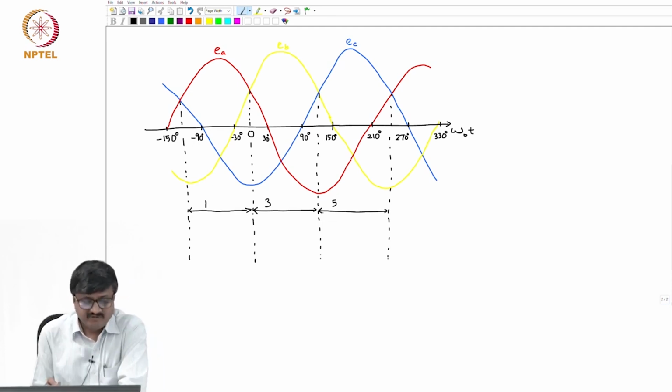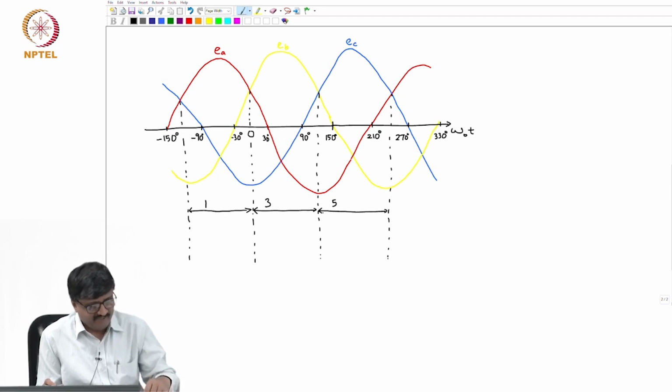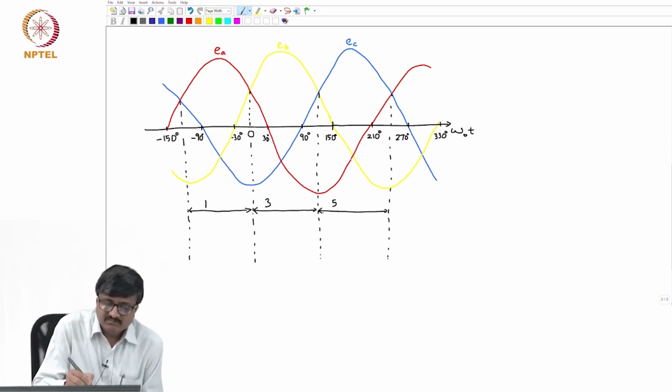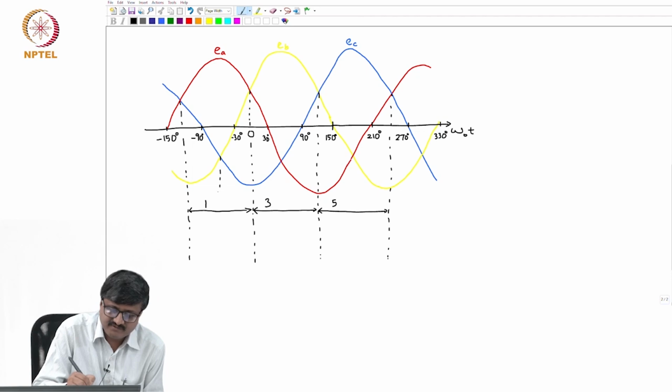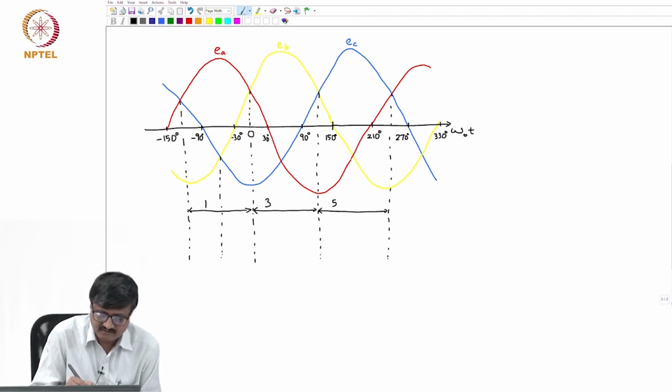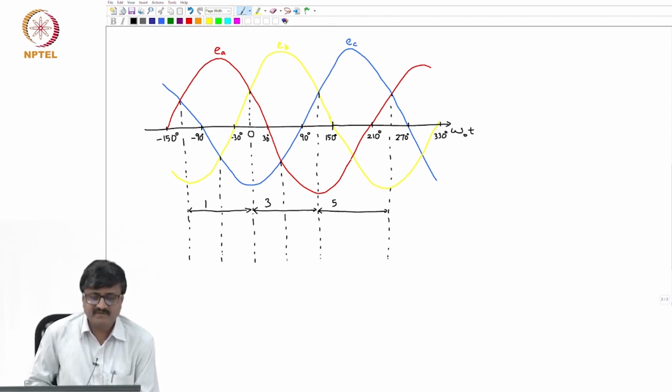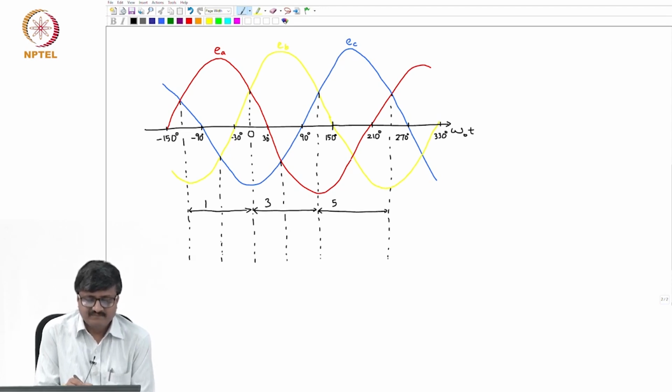Now, to find out which one among the lower commutation group conducts, I take this instant and this instant. Okay. Suppose I take the duration, though I have not marked it, minus 60 to plus 60. So, from this point to this point.